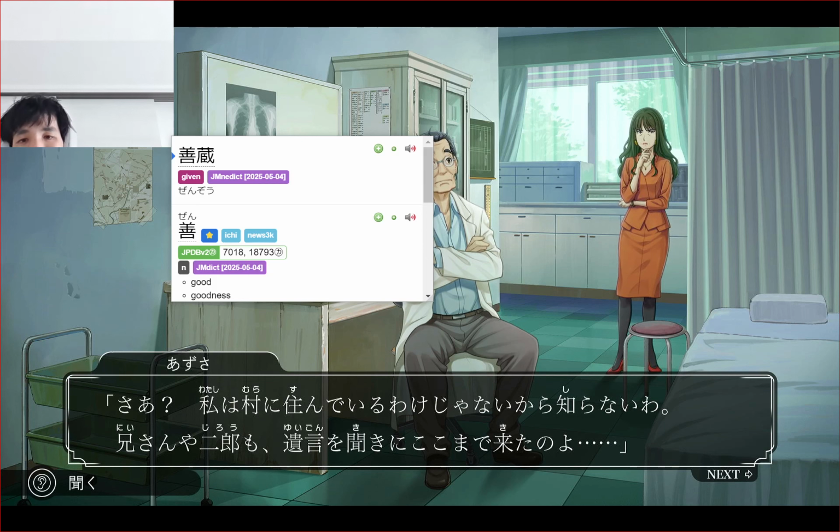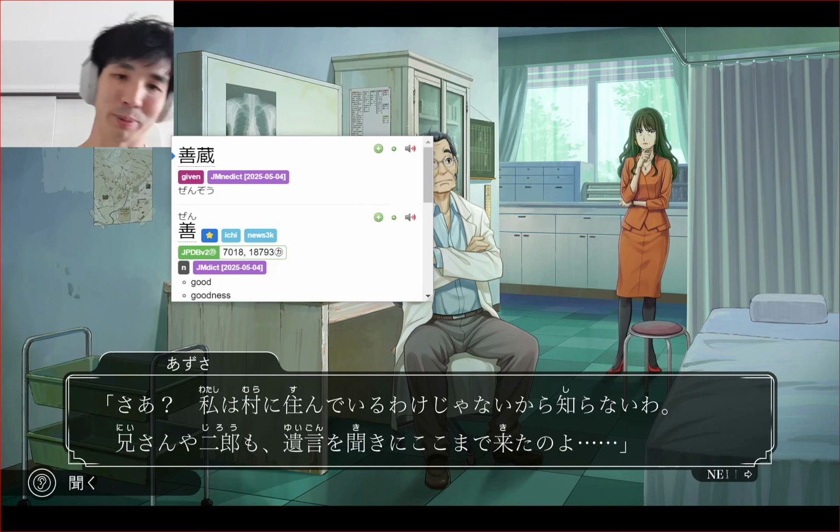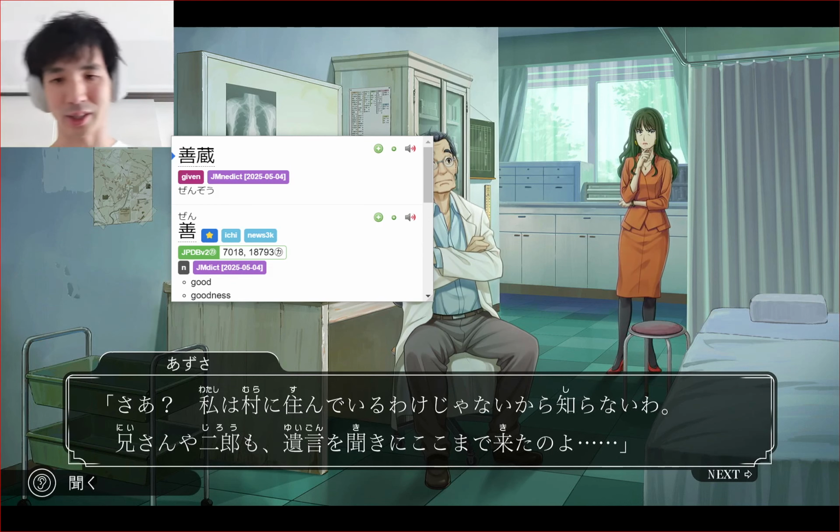It's not like I live here. わけじゃないから, because of that, から知らないわ, I don't know. 兄さんや次郎も, my older brother and whoever Jiro is. 遺言 is the will, the testament. 遺言を聞きにここまで来たのよ, for the purpose of listening to the will, they came all the way here.